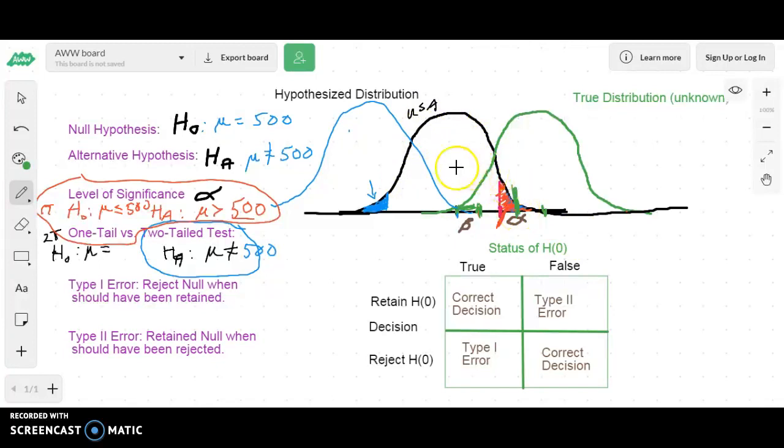And we erroneously reject the null hypothesis. That is called a type 1 error. Again, a type 1 error is if our data tells us to reject the null hypothesis, but in truth, it really was the same. It really was 500 or less. That is what's called a type 1 error.